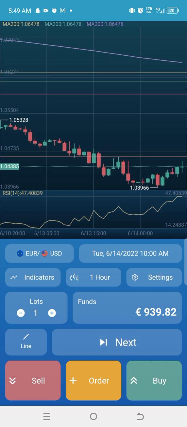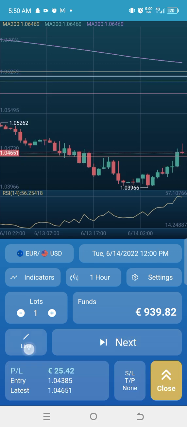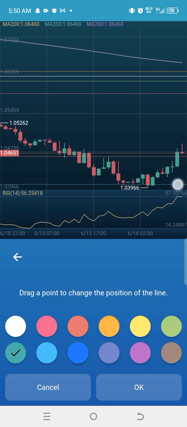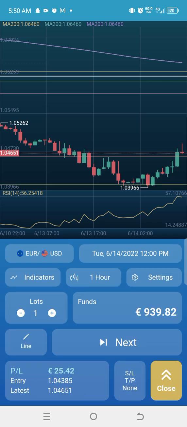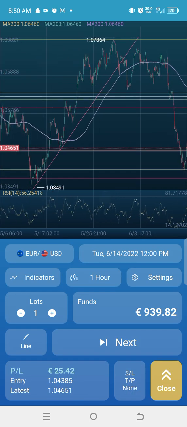Yeah, second bullish has formed, which is here. My stop loss will always be around here. Target profit is all the way up here.